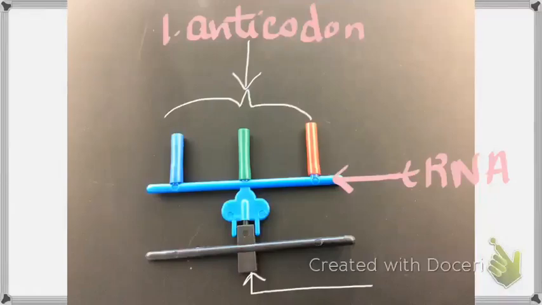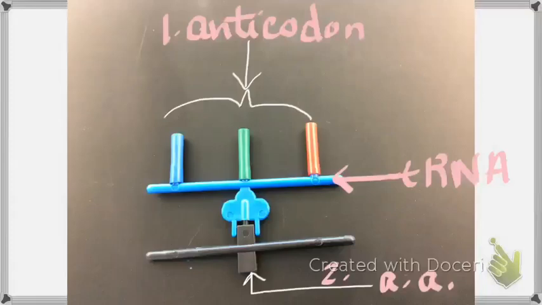I digress. Number 2. Number 2 is this black thing hanging off the bottom of the tRNA. Amino acid. That's good. I'm just going to abbreviate again, amino acid. Okay, so again, this picture is a tRNA. It's just enlarged, showing you the parts of the tRNA.